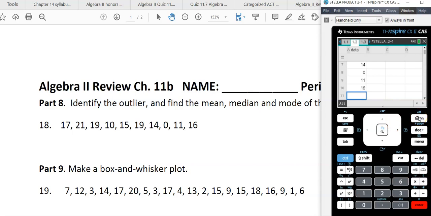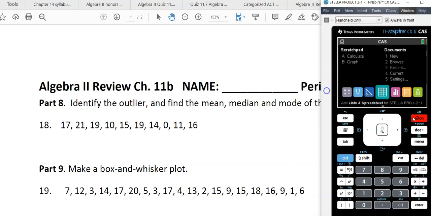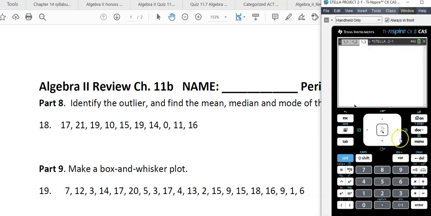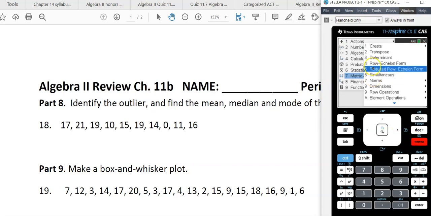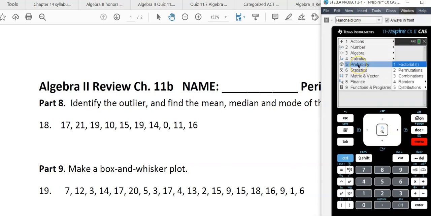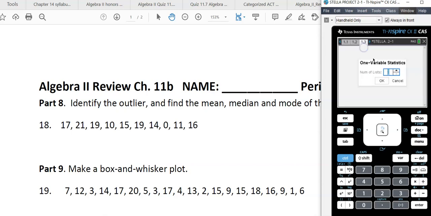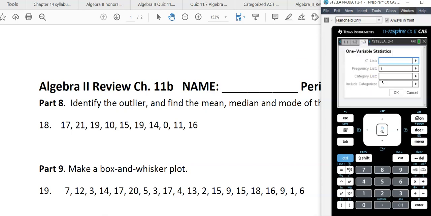So I'm going to do one variable stats on this. I'm going to add a home calculator page and go statistics, stat calculations, one variable stats. So this is going to be data.